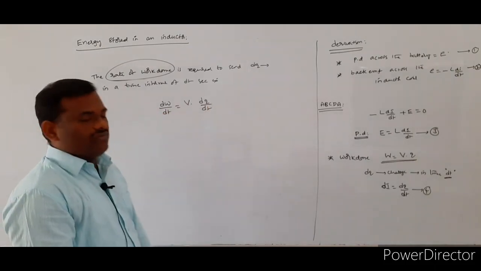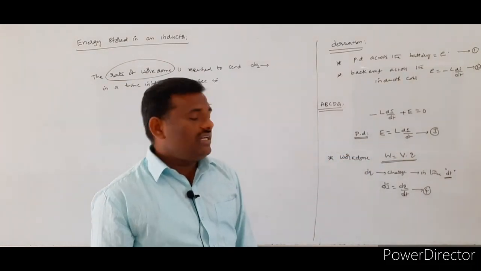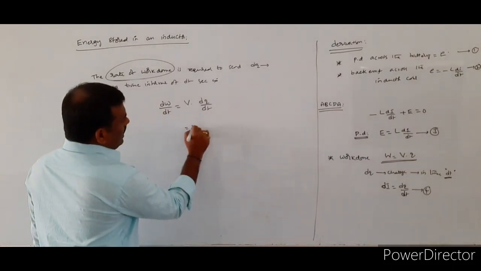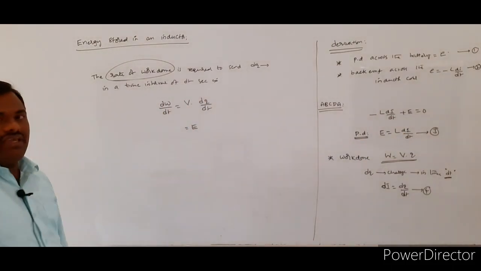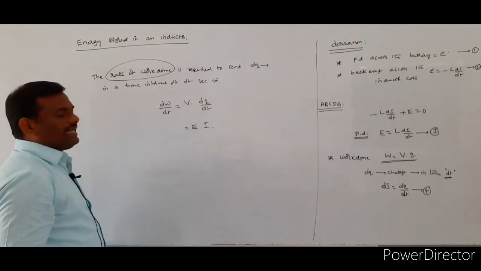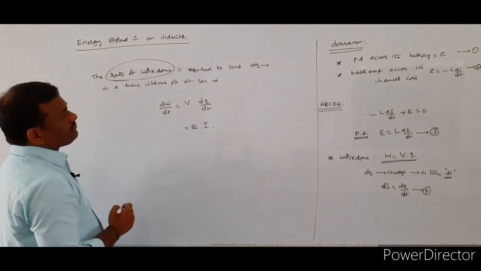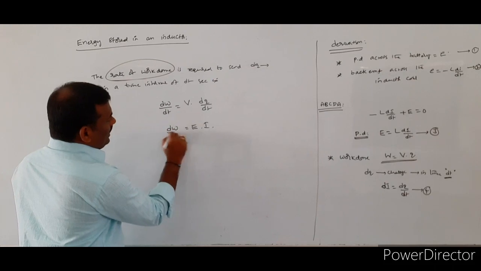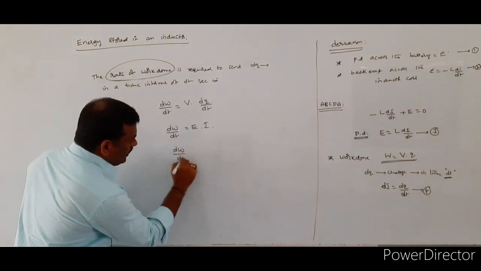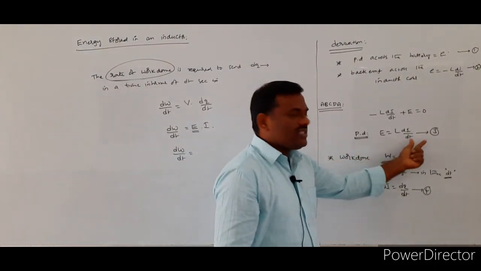Here V is indicating the potential difference applied in the circuit. So in place of V I will write capital E, and dq by dt is nothing but the electrical current I. So dW by dt is equal to E times I. What is the E value from equation number 3?